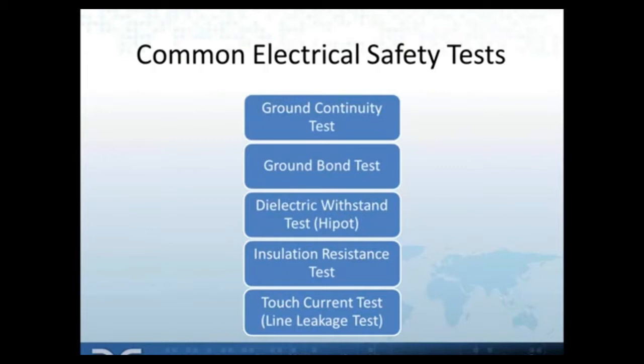For that very reason, performing the electrical safety tests that we're going to be covering today will verify and ensure that a device or product being tested has a proper safety ground and proper and strong enough insulation to bear any leakage currents or faults.